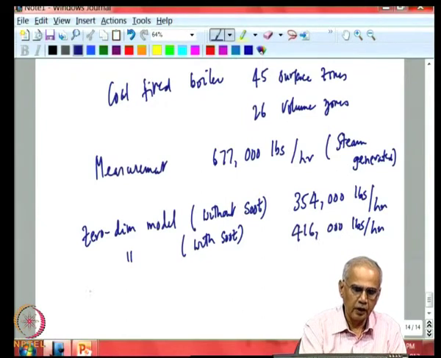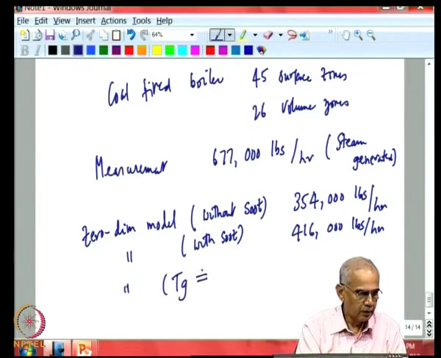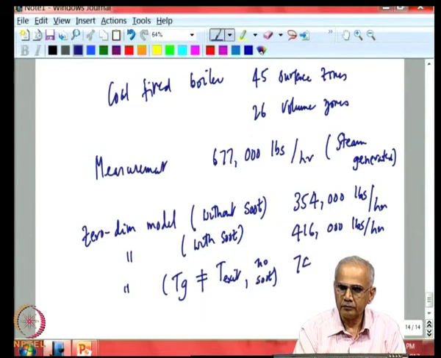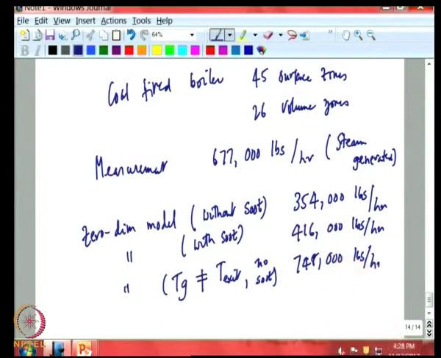Suppose you take into account in the same model the fact that temperature is not equal at the exit, and do not include soot, you get an answer like 748. So, it is very clear that your estimate of the steam generation is very sensitive to what number you use as the exit temperature of the flue gas.